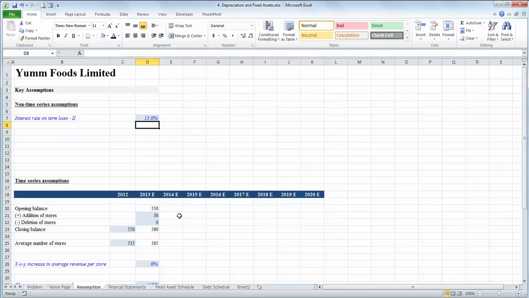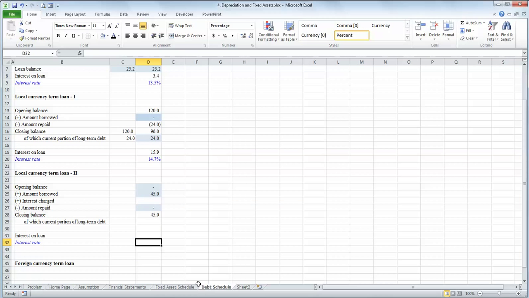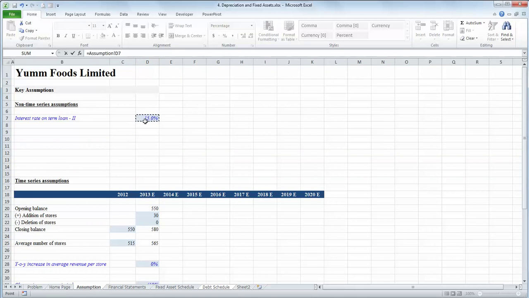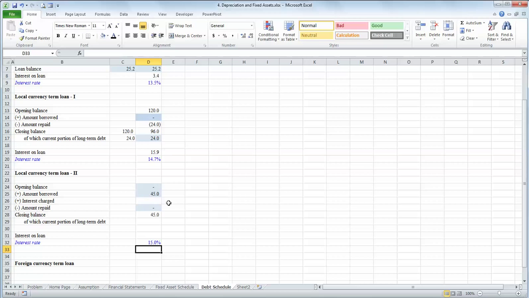Let's go back to the debt schedule. We're going to say interest rate is in the assumption schedule, 15%. Now interest that's charged on the loan, it's going to be opening balance plus 1/2 of the loans borrowed.